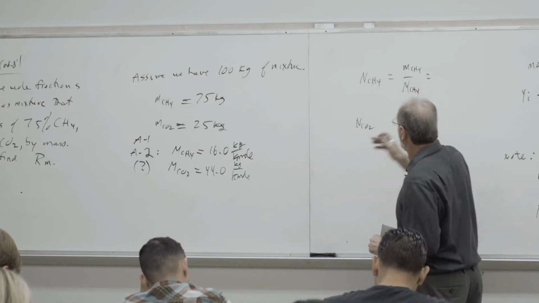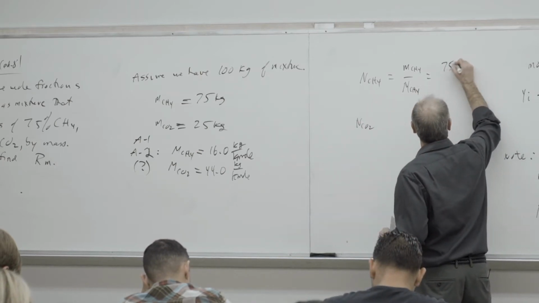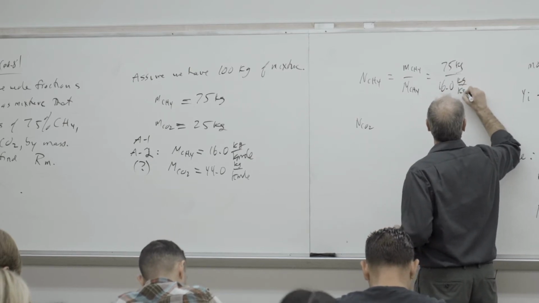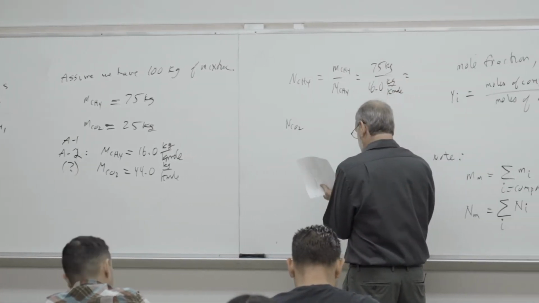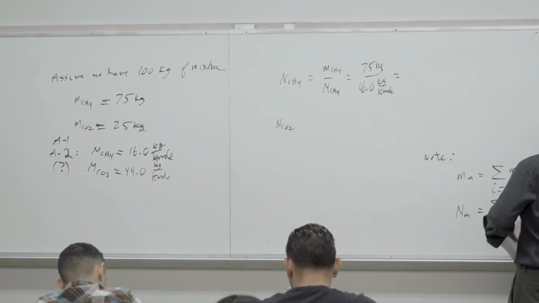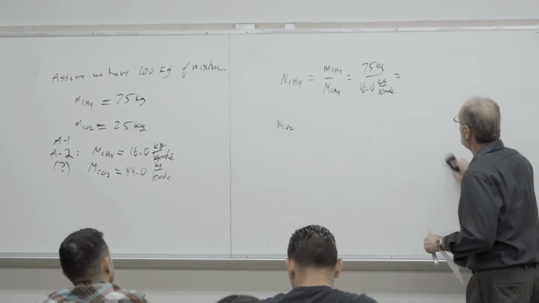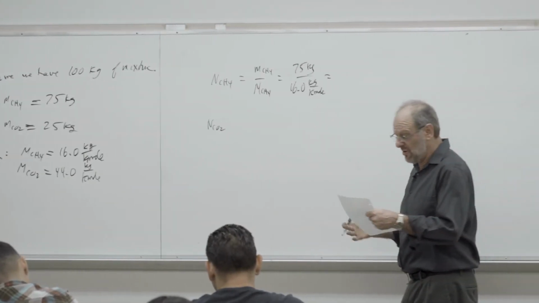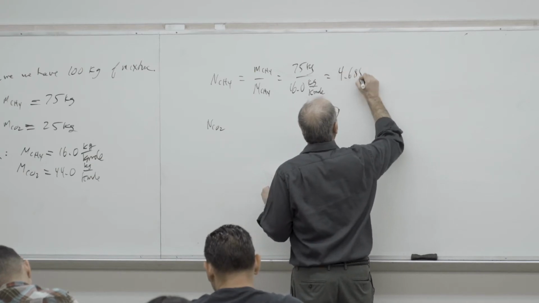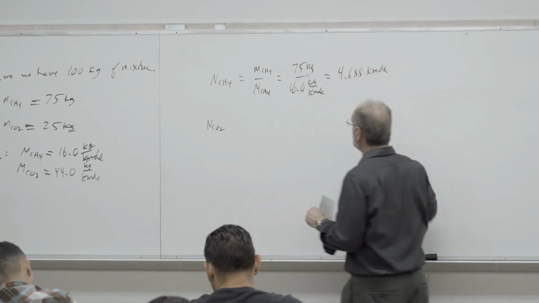And that's data that we have, right? We have the mass of 75 kilograms. We have the molar mass of 16 kilograms per kilomole. So we're just taking the ratio of the two. And clearly that's going to give us the number of moles. So that's going to give us 4.688 kilomoles.